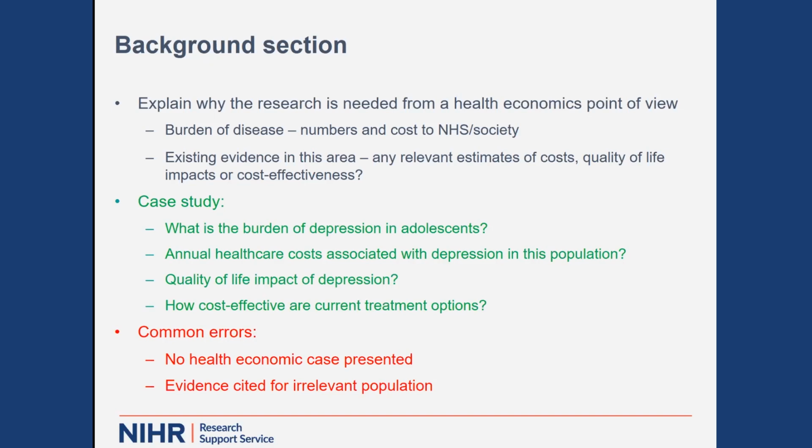And don't get sucked into citing evidence for the wrong population. If it's not a relevant population, you're better to say that there's no health economic evidence for this group rather than presenting data that's not relevant to the case you're making.